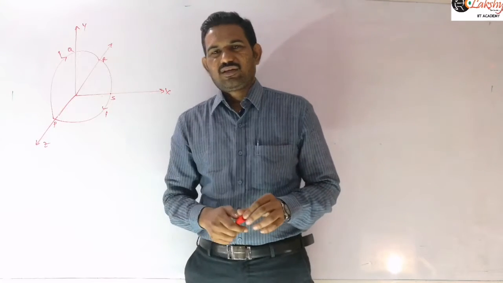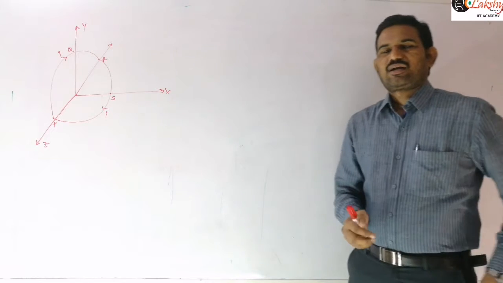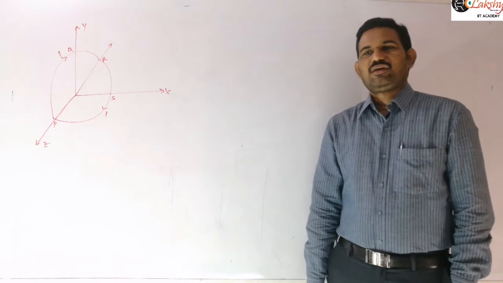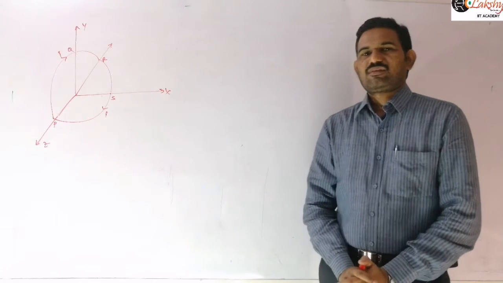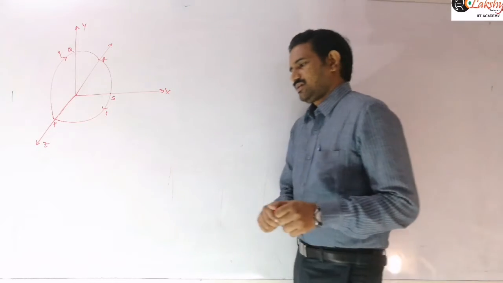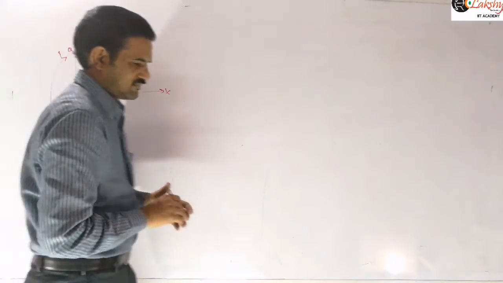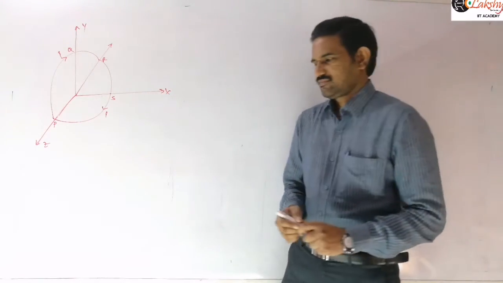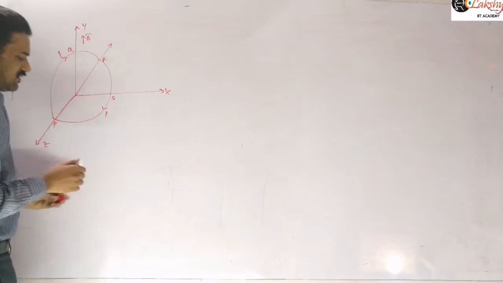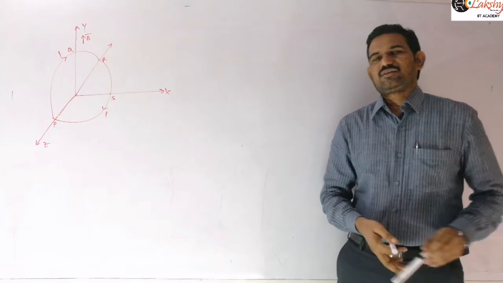R is the radius of the circle, and I is the current flowing through it. If a magnetic field of induction B is applied parallel to the y-axis, then find the magnetic force acting on this circular loop.